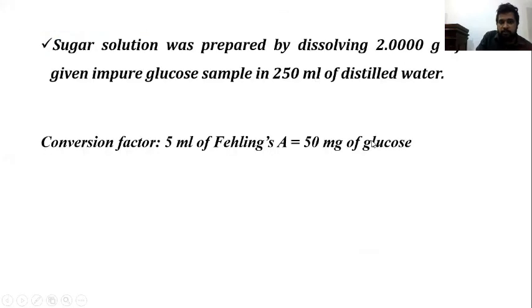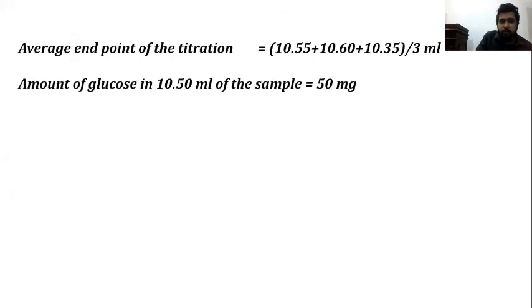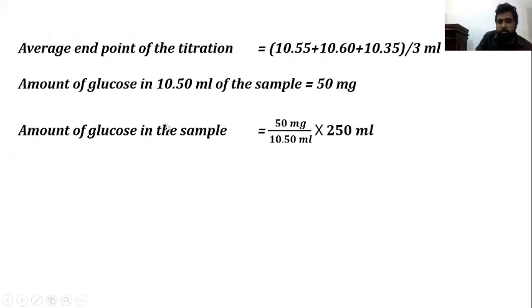This much glucose was consumed to reduce 5 milliliters of Fehling A. Then 5 milliliters of Fehling A equals 50 milligram of glucose. That is the conversion factor we require to do this calculation.